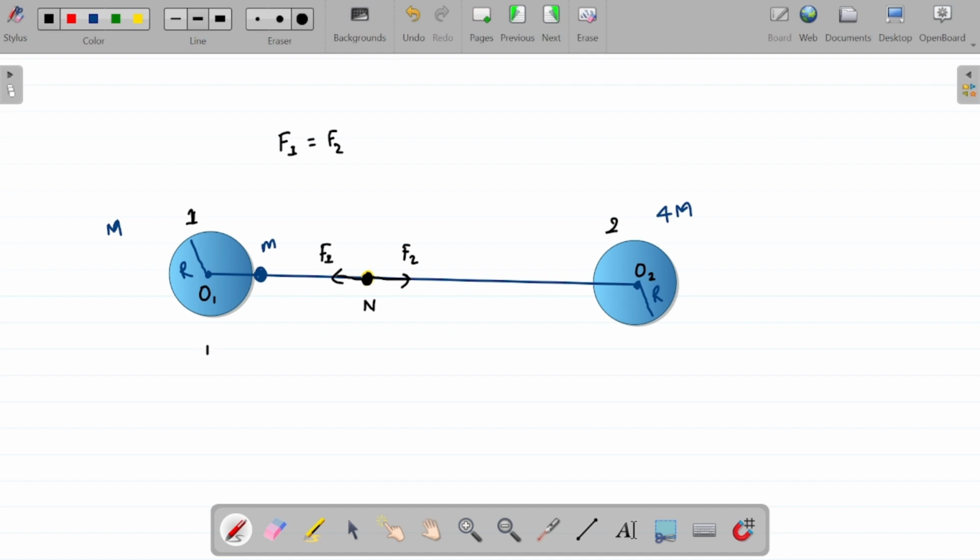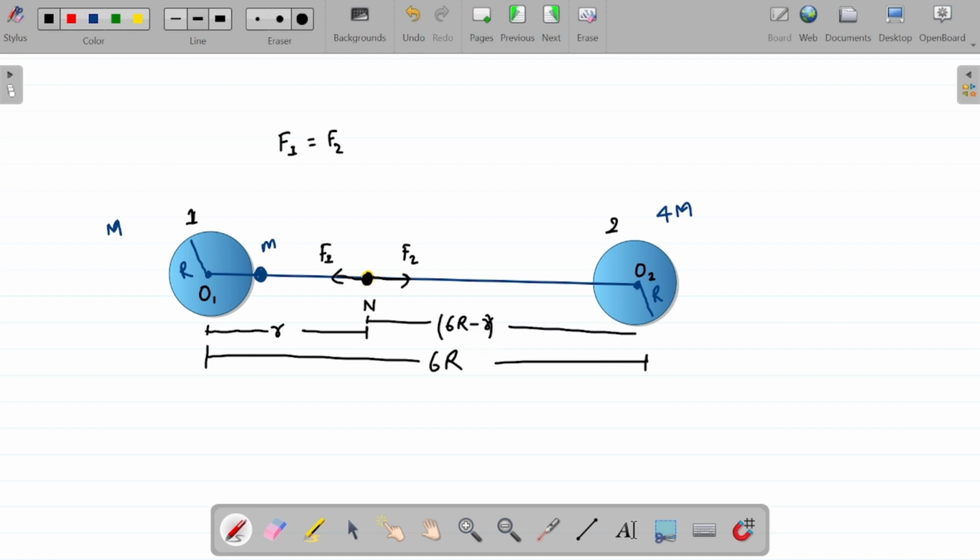In the question we are given that the center to center distance is 6r. So let's say from the first sphere, this neutral point is at a distance of r, and from the second sphere center, it will be at a distance of 6r minus r. Now, if this is the neutral point, these two gravitational forces should be equal in magnitude.